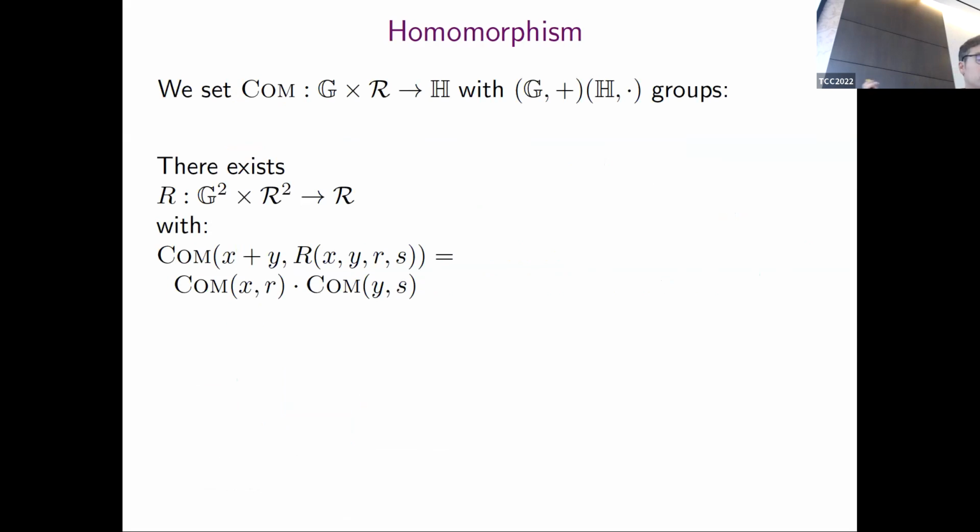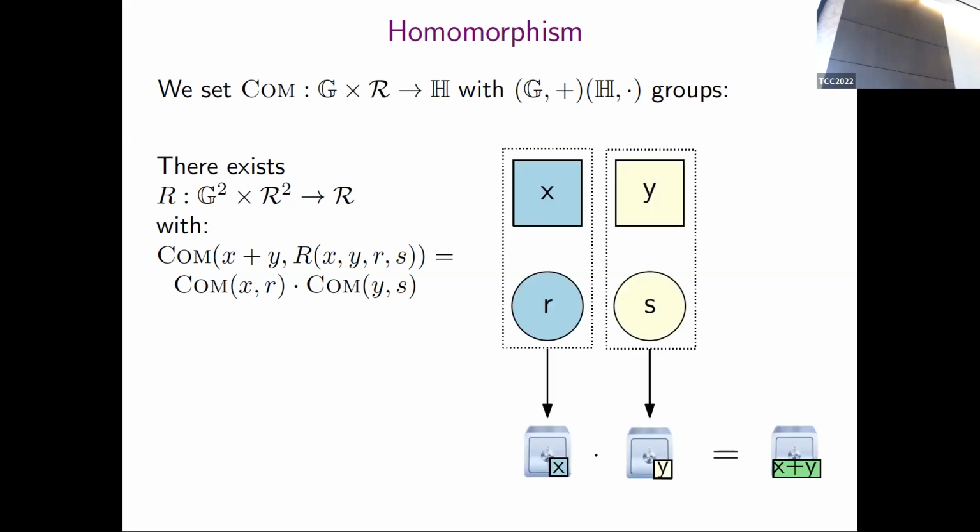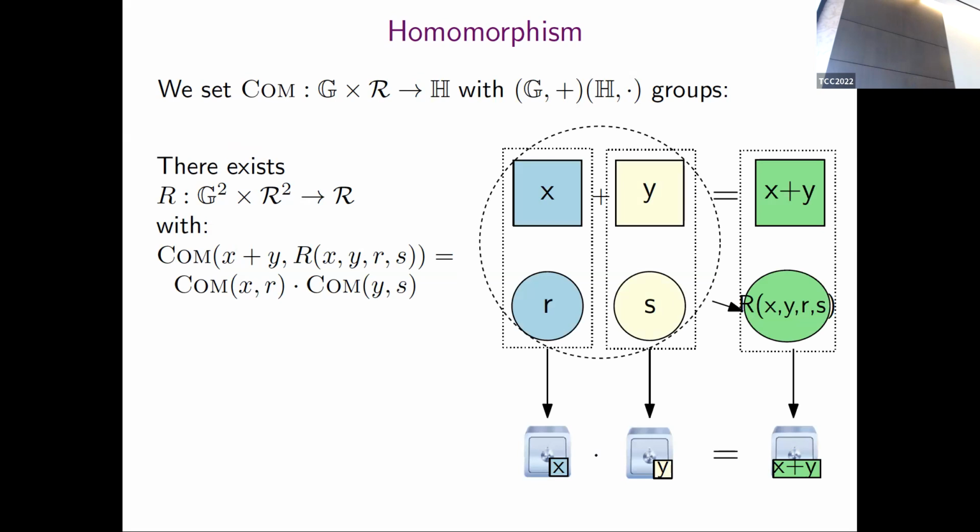Then what we want to construct is homomorphic commitments, which we describe as follows. The message space is a group that we write additively, and the commitment space is some other, multiplicative group. If we multiply two commitments to X and Y, the resulting thing is a commitment to X plus Y. Pictorially, you have the commitments to X and Y, you multiply them, and you get a commitment to X plus Y with some randomness that depends on the original randomness and messages.